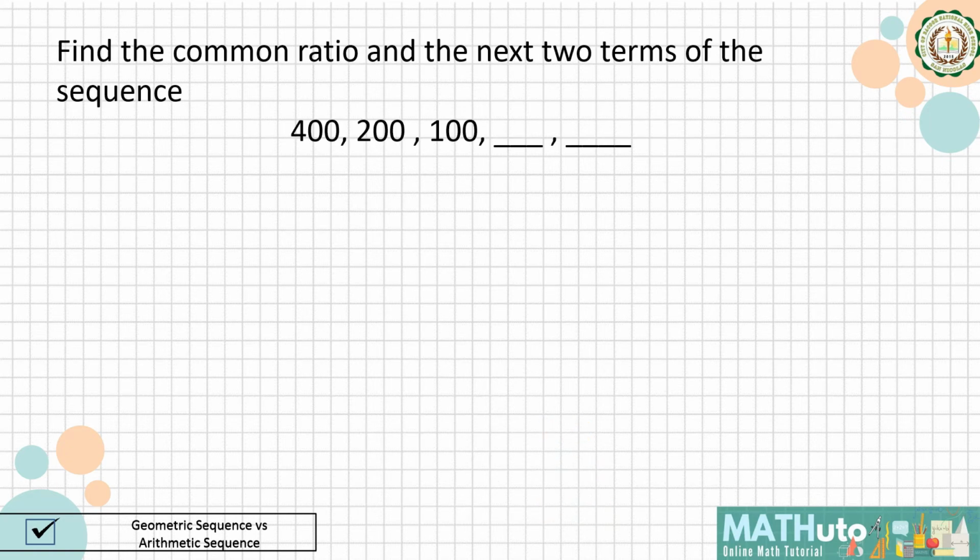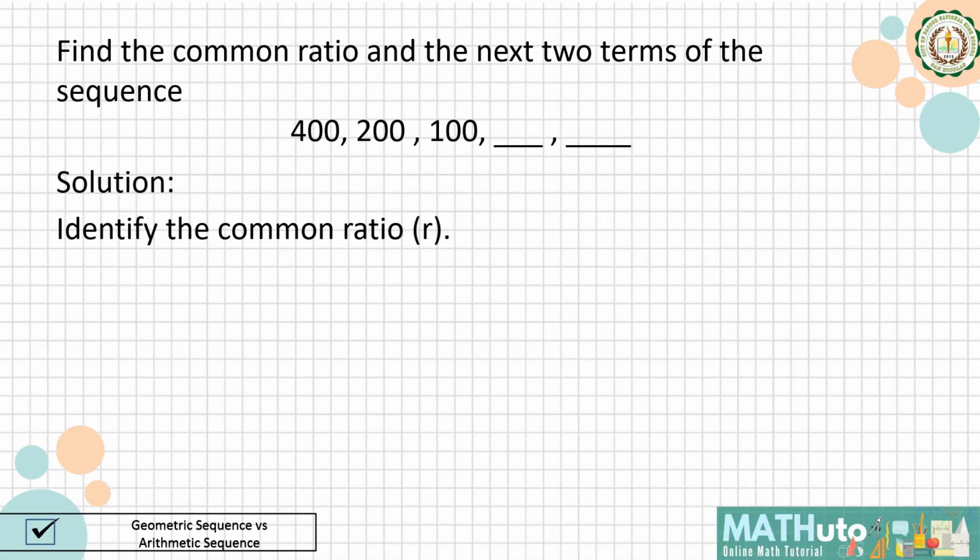For our next example, find the common ratio and the next two terms of the sequence 400, 200, 100. Notice that in this sequence, it is descending in order. Thus, when we identify the common ratio, we have to divide the second term to its first term. 200 divided by 400, when we simplify, we will come up with 1/2.